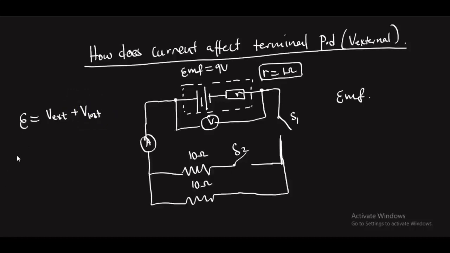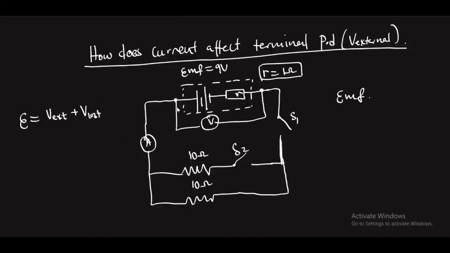Inside the battery, as the battery is functioning, as the current is flowing, there are collisions between the chemicals of the battery. Some of the energy is converted to heat, so that leads to some of the energy being lost, hence the term V lost.